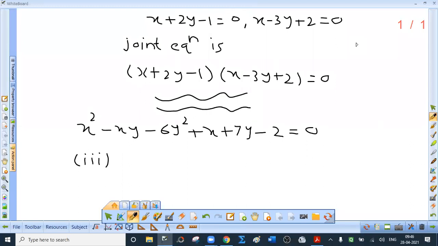Lines parallel to the coordinate axis are x equal to a, and y equal to b. Lines parallel to the coordinate axis are x equal to a, small a, and y equal to b.